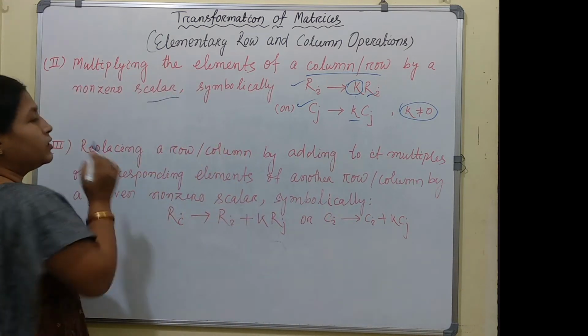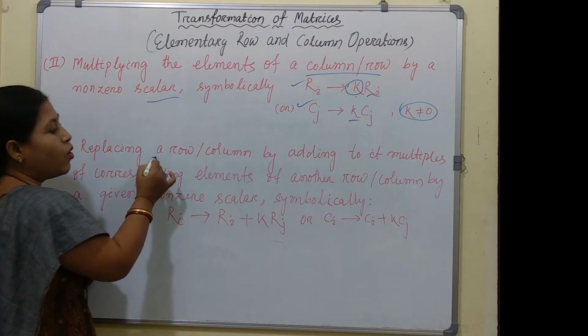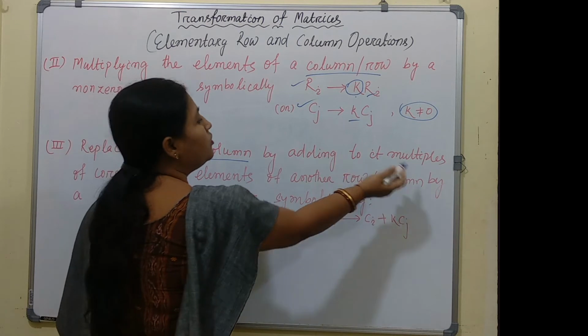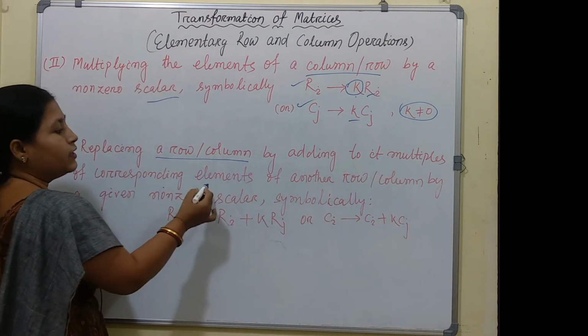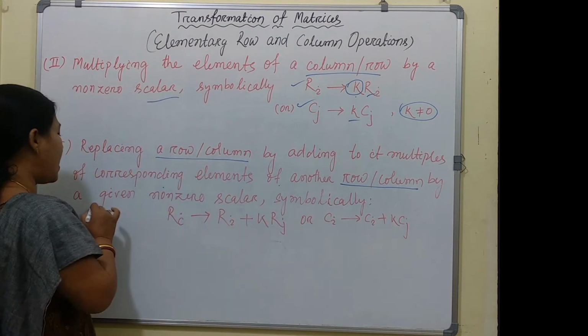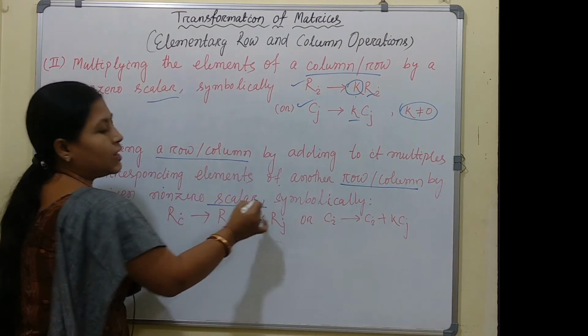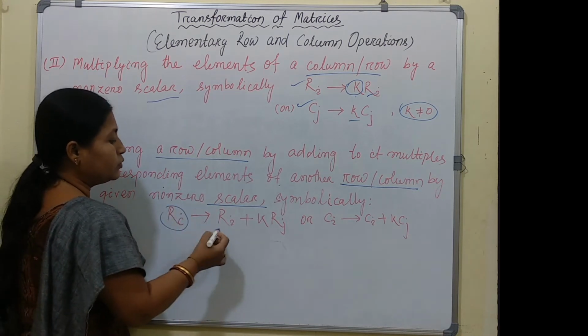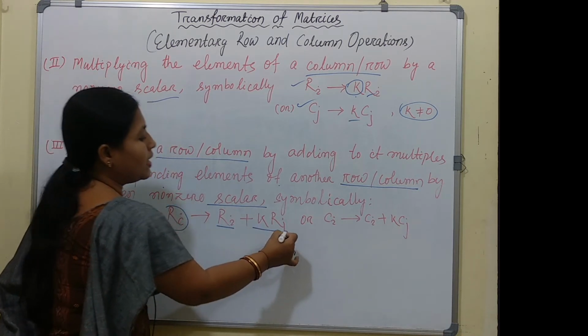Next, operation 3. Replacing a row or column by adding to it multiples of corresponding elements of another row or column by a given non-zero scalar. Symbolically it is written as Ri changing into Ri plus K Rj.